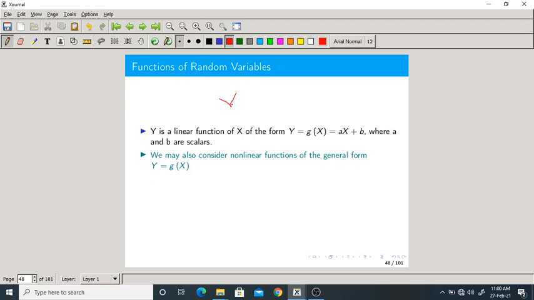Suppose Y can be log of X or Y can be mod of X. So Y can be a non-linear function of X or a linear function of X. Either way is possible.